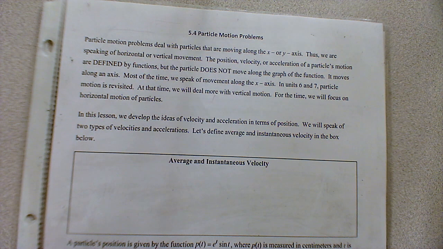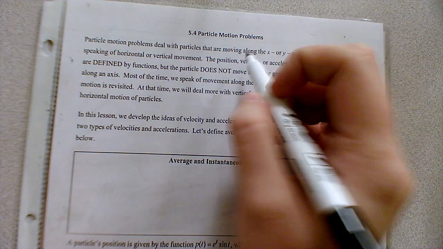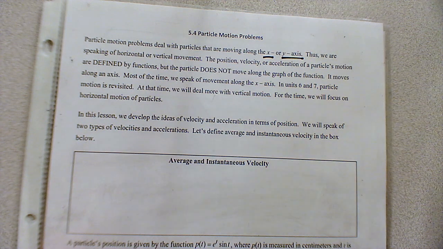Now we have to make sure that we are kind of particular or familiar with two things in relation to this particle motion. Obviously, objects can move in every direction, such as a fly or a human or whatever the case may be. But to simplify things, this Calc 1 course only deals with particles moving along the x or y axis.